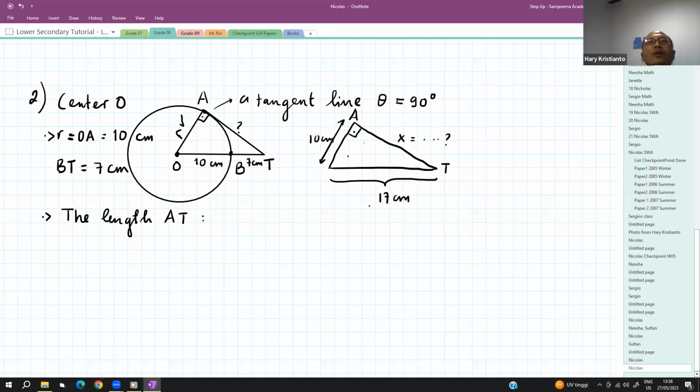Now, how can we find the length AT if we have a right angle triangle?